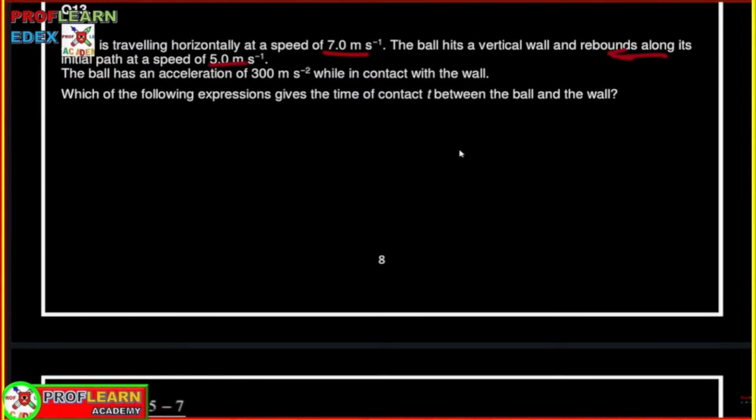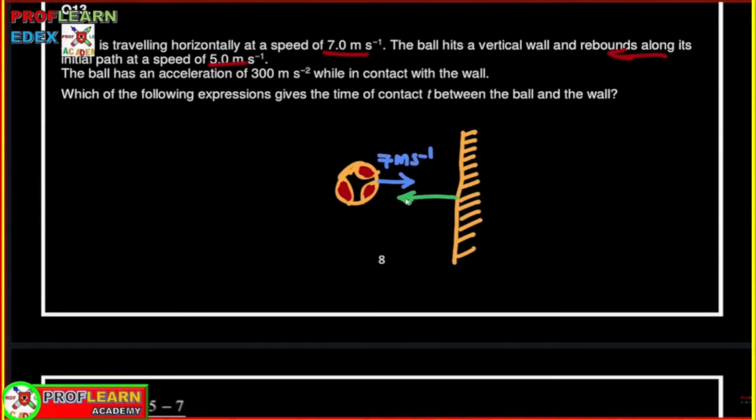So you can see here is our wall, and this is the ball, which is moving at 7 meters per second. It rebounds back with a velocity of 5 meters per second. Now, what you need to remember is that when it rebounds, it's moving in the opposite direction, so we are going to consider direction there. Remember, acceleration equals final velocity minus initial velocity over t.